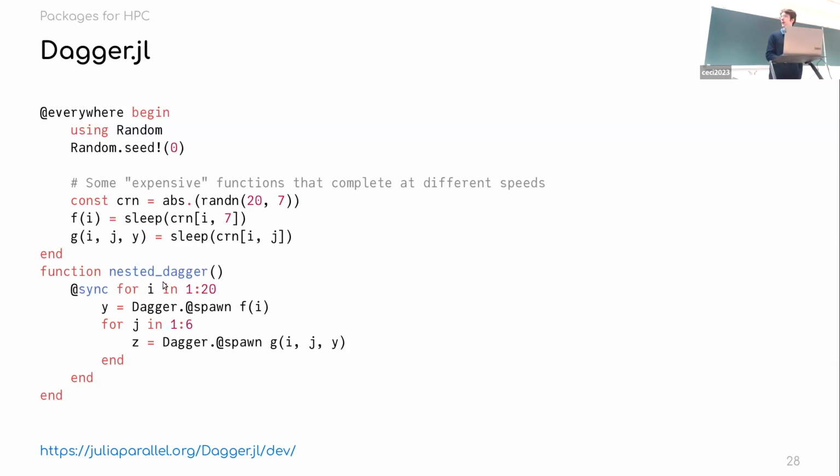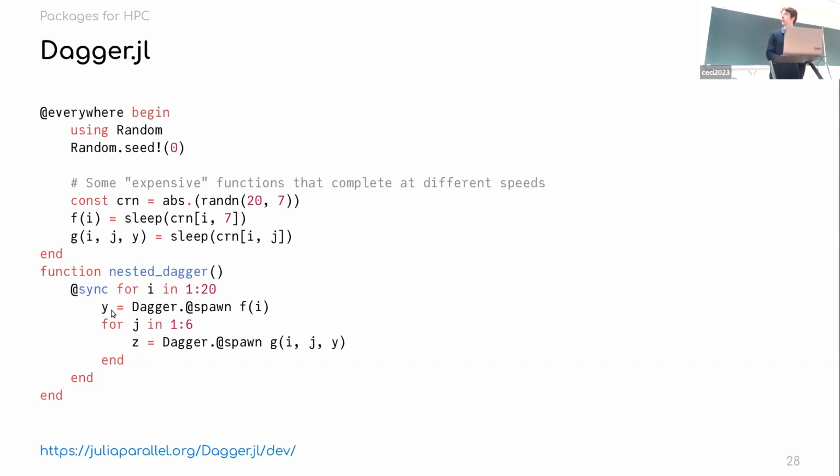Now, I have this nested loop here. I have a function, and on the top I have an @async for i in 1:20 loop, and then I have a first statement. So I spawn a process for computing f of i. Dagger.spawn is a bit like Threads.spawn.